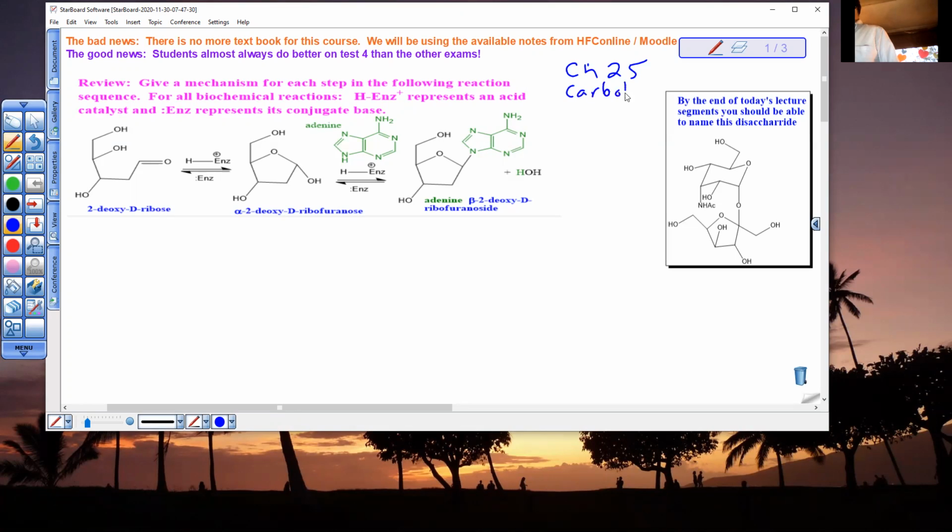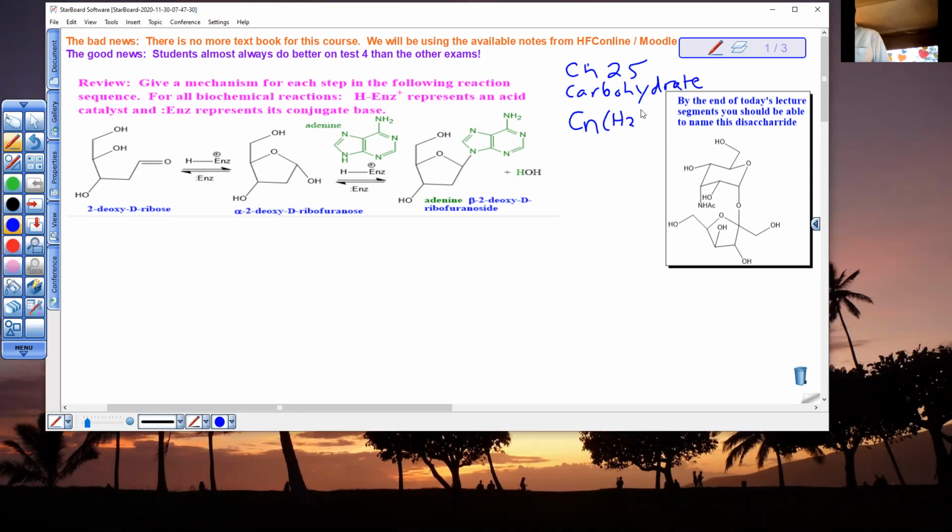Carbohydrates. An interesting name all by itself, in that the simplest carbohydrates have that name because their formula is Cn(H2O)n, carbon and water taken n times.